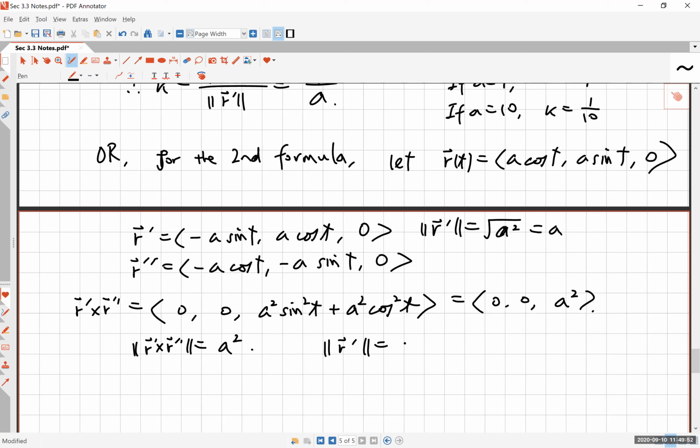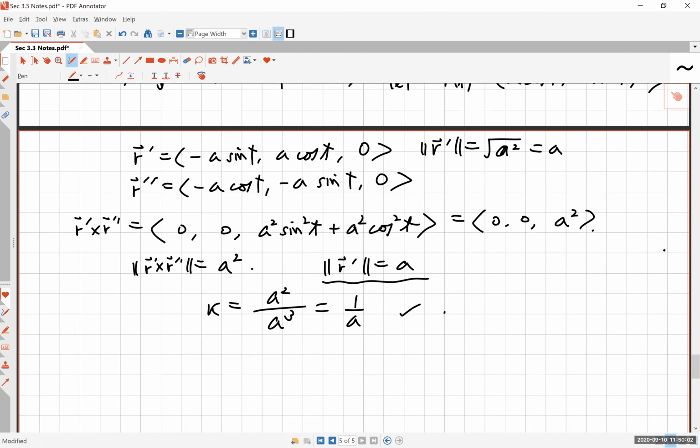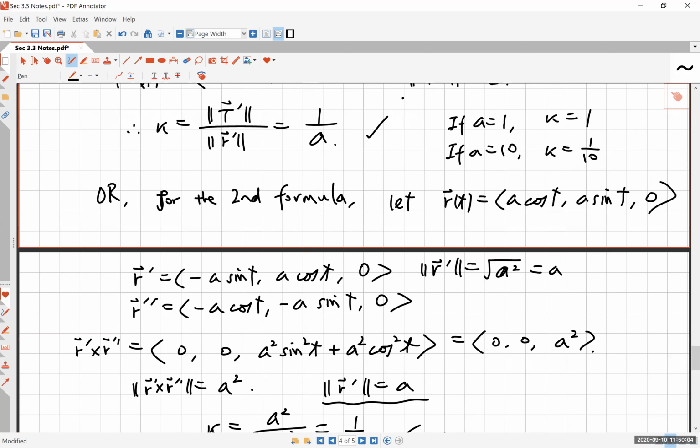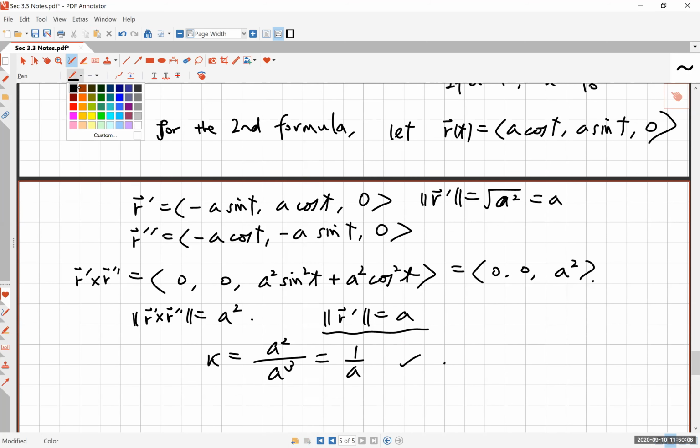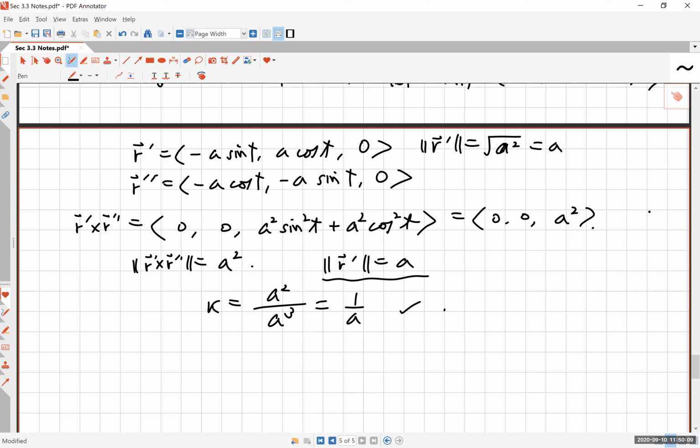All right, so the curvature is going to be a squared over a cubed. Remember, because this has to be cubed, and that's 1 over a. And of course, that is what we found at the beginning. And so that is the curvature at every single point of the circle of radius a.